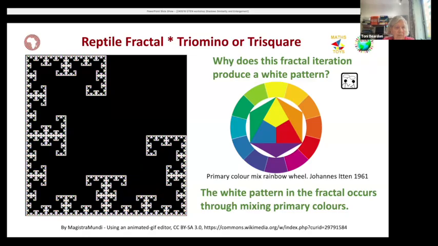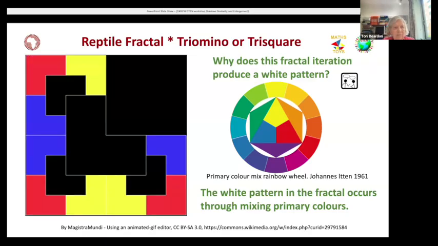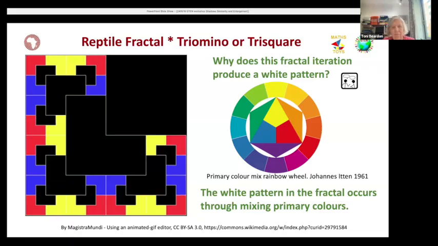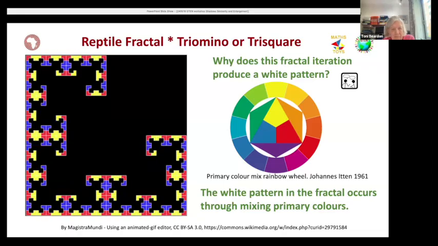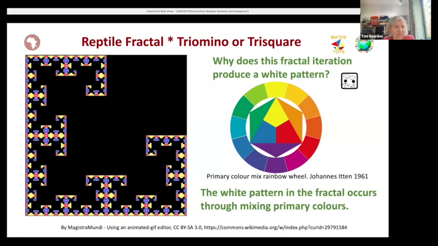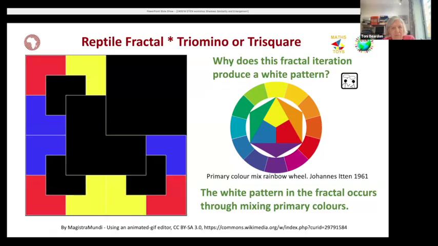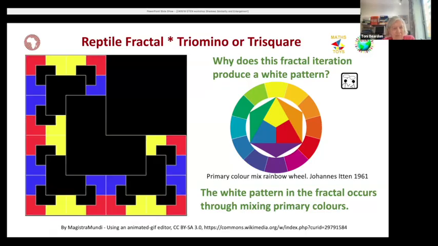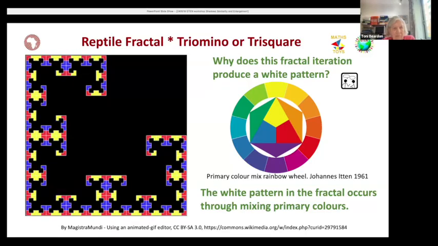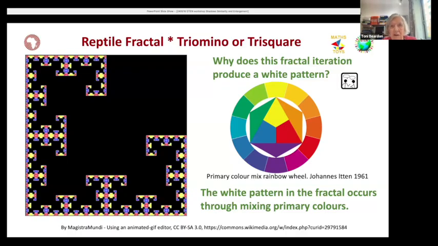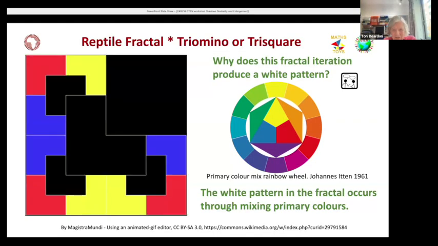And this, you can see the rainbow there, the primary colour mixed rainbow wheel by Johannes Itten in 1961. So a lot of work has been done on this, and there's also a link there to give you more information, which when you get the PDF, you can click on and read more about it. Yes, and if you want to use it yourself, you can go to Wikipedia and copy it. I beg your pardon, Wikimedia. Yes.